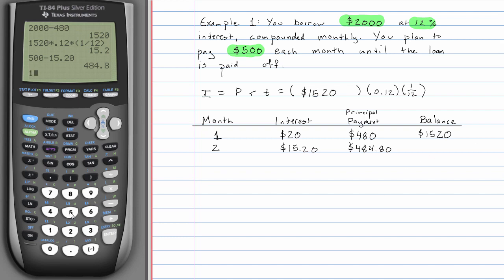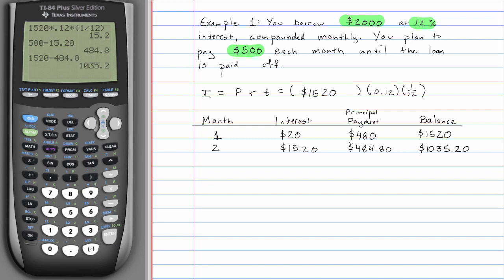After that payment, I owe $1,520, that's what I owed before, minus this amount that went toward the principal. Now I owe $1,035.20. Right, so every month, part of my $500 goes toward paying down the balance, and part of it goes toward paying the interest. Okay, so I keep going.